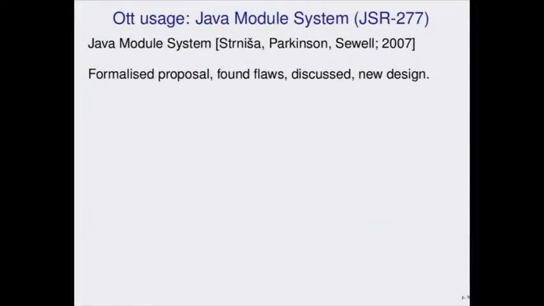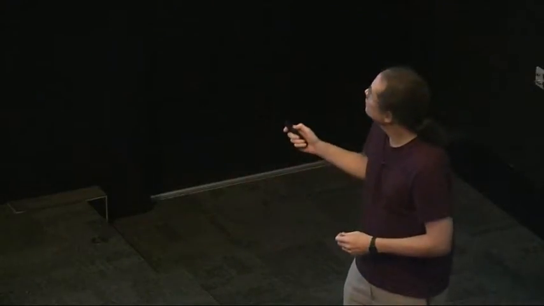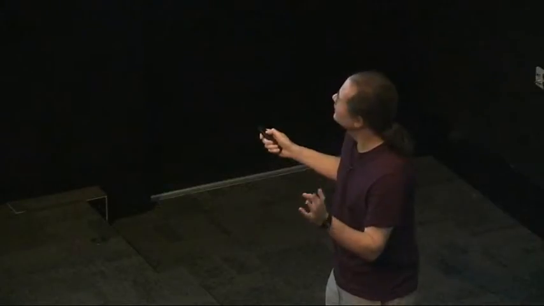Does it work? I'll tell you small facts about three examples built using this. So one was by Rok Stranica, who was a PhD student here, who went off and looked at a proposal for the Java module system after it had been sketched, but before it had been finally stamped. And he formalized that and found some flaws in it and discussed those.